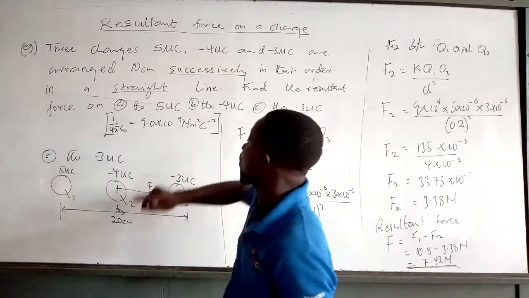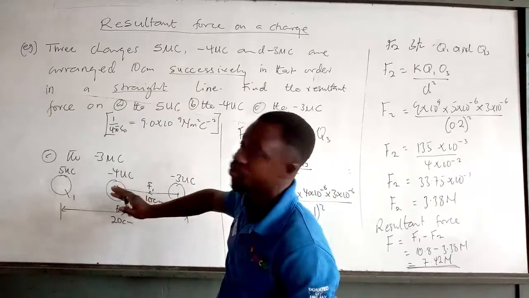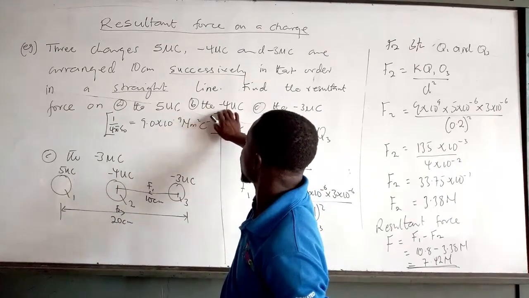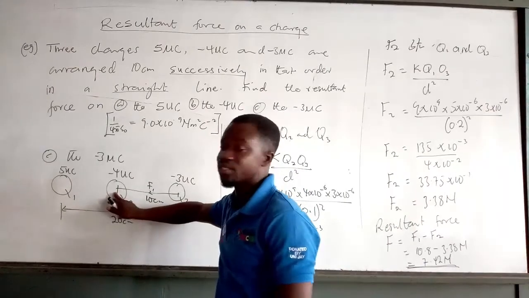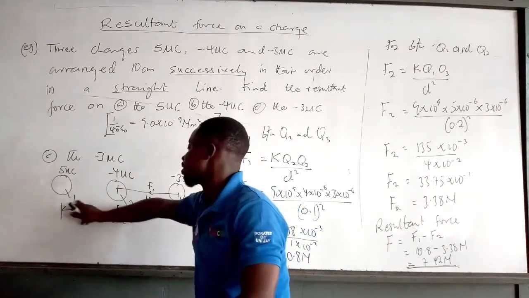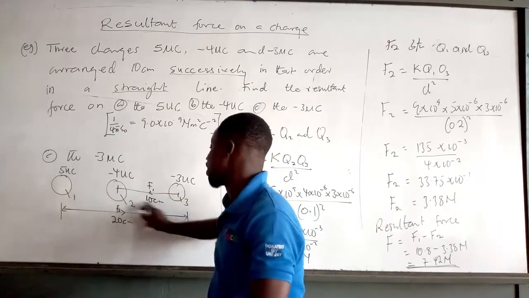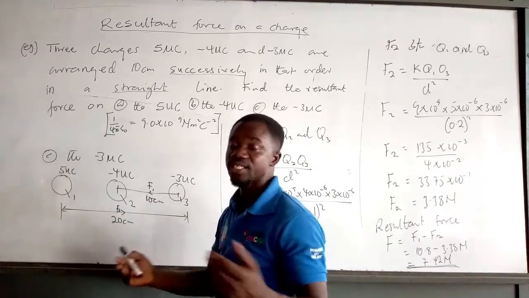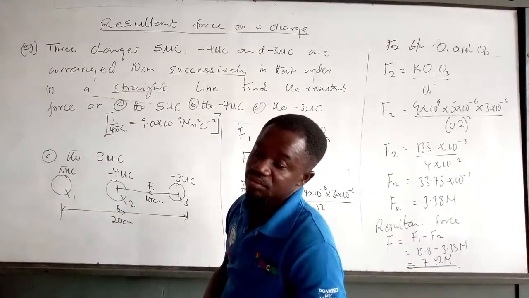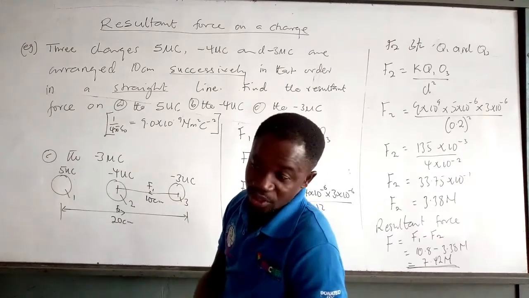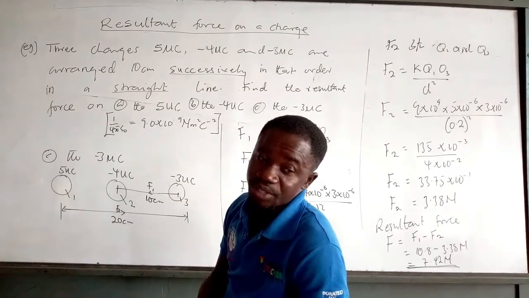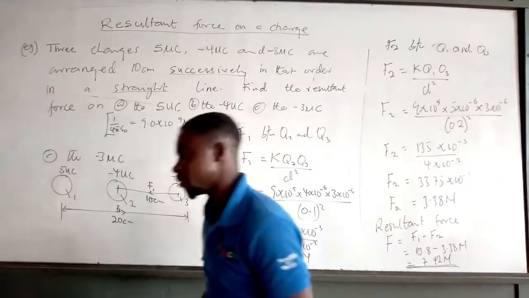I want you to use the principle I have used to find the resultant force on the negative 4 microcoulombs. The negative 4 microcoulombs is this. Between this one and this one, 10 centimeters. Between this one and this one, 10 centimeters. Use that, find the resultant force. The system will tell you whether you have to add or subtract. And then post the answer to me on the Facebook page and let me see who gets it. Thank you very much.